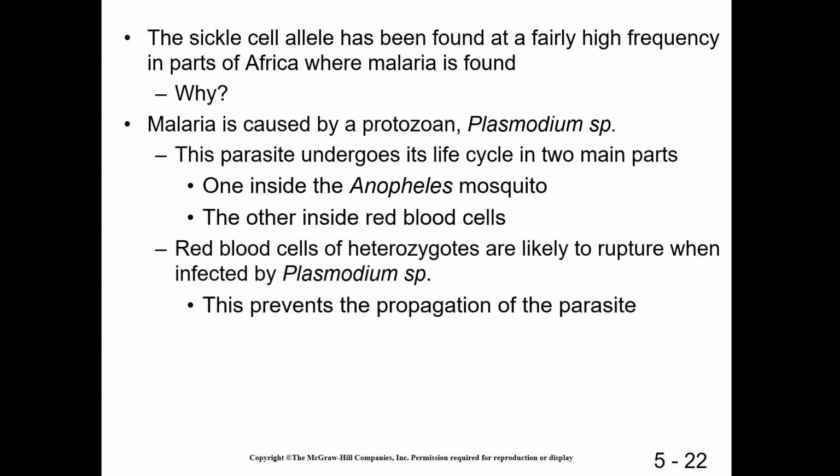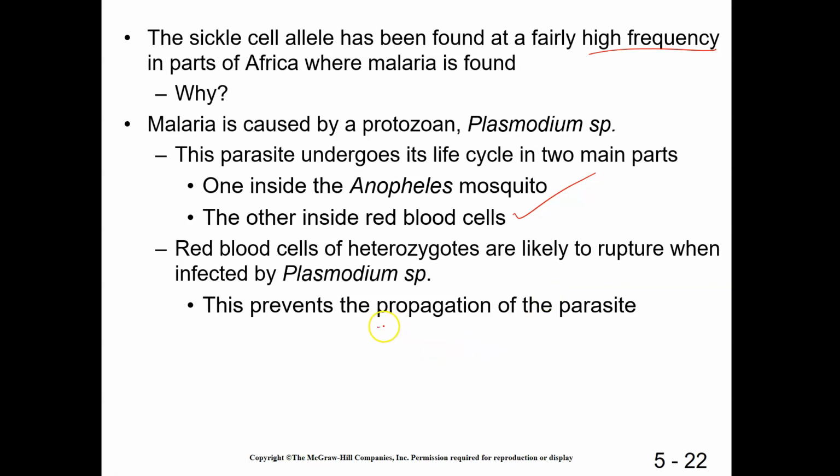So a sickle cell allele has been found in a real high frequency in Africa, where malaria is found. Well, the parasite undergoes that life cycle with a mosquito and other organisms that have red blood cells. Actually, these mosquitoes can also bite dogs and other organisms. The red blood cells of the heterozygotes are likely to rupture when they're infected with the Plasmodium.